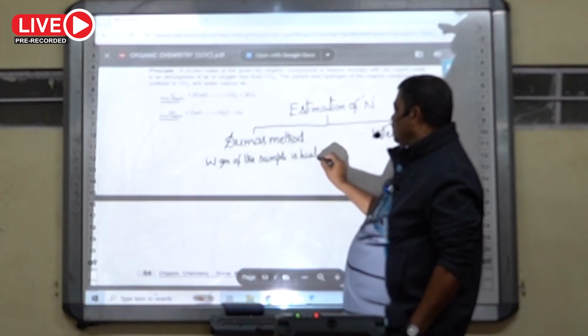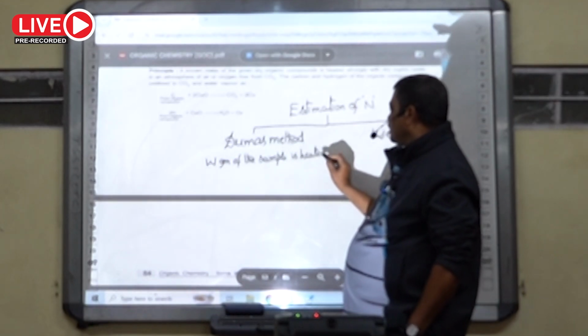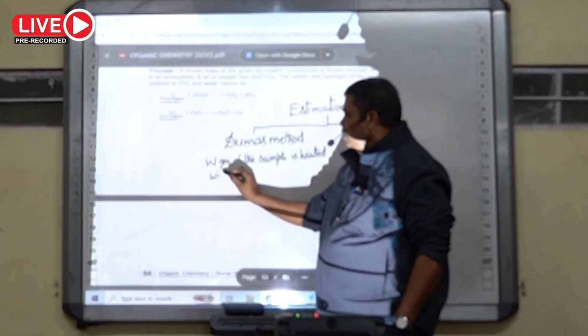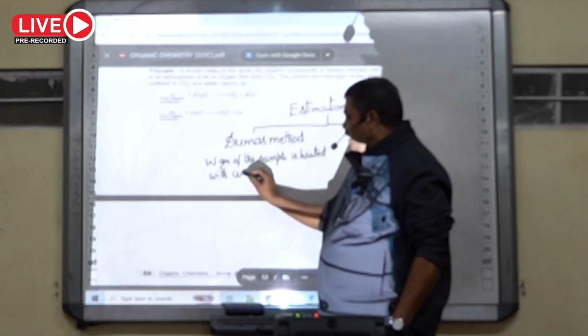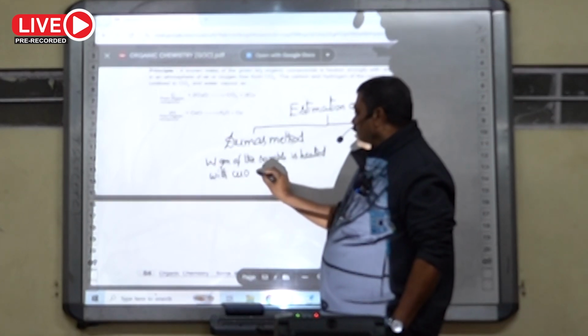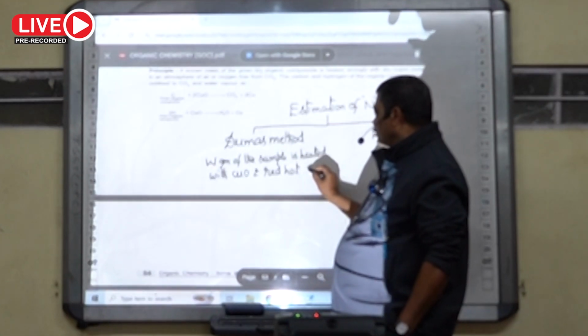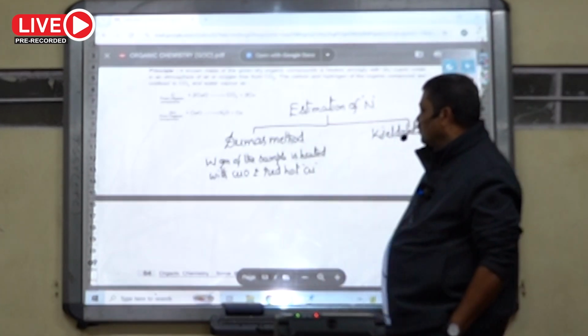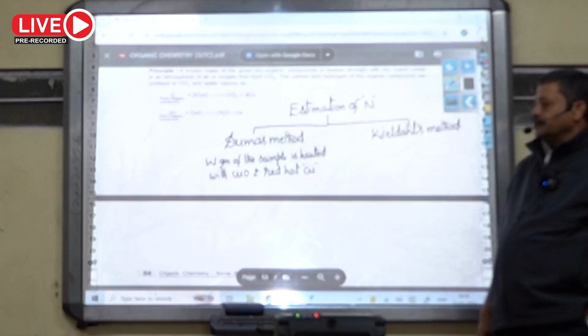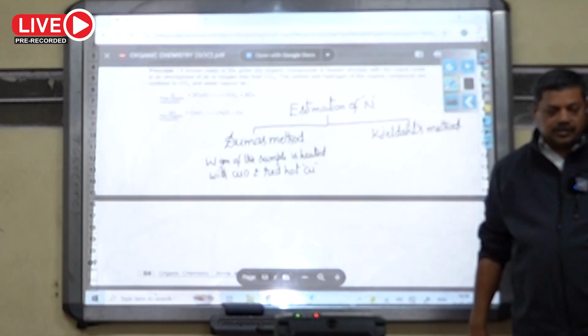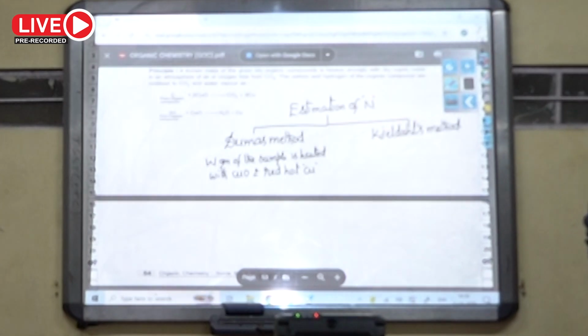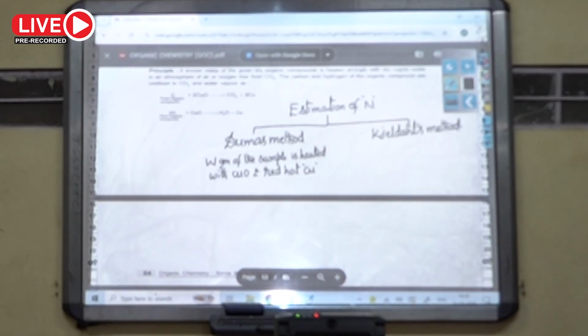The sample is heated with cupric oxide and red hot copper. We are not only heating with cupric oxide, but also with red hot copper.